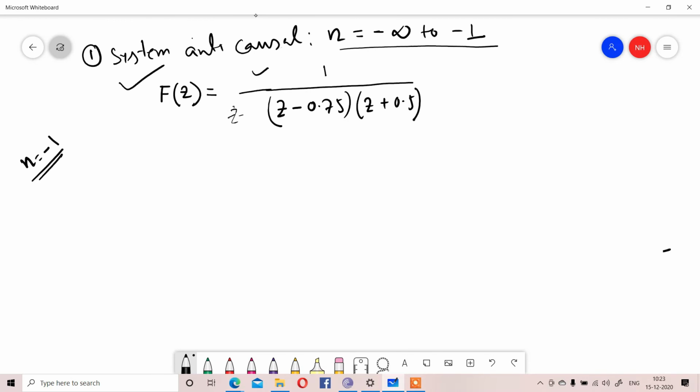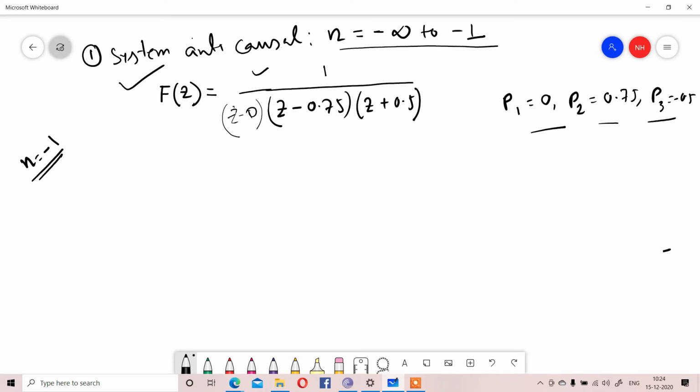For z minus 0, that is another pole. So the poles are P1 equal to 0, P2 equal to 0.75, and P3 equal to minus 0.5. So 3 poles you are getting if we consider the value n equal to minus 1.